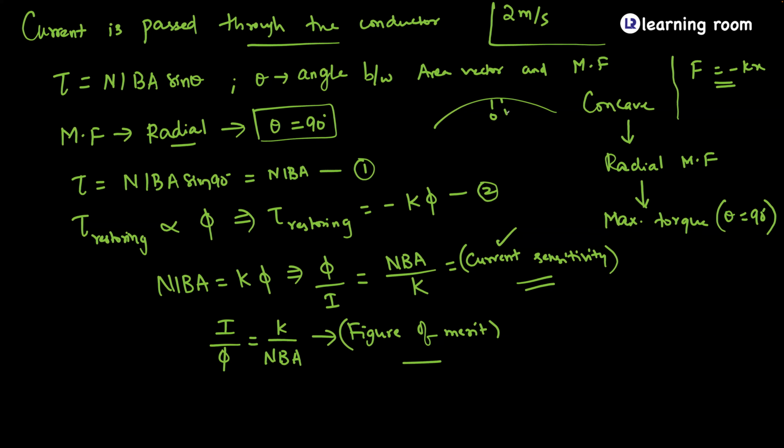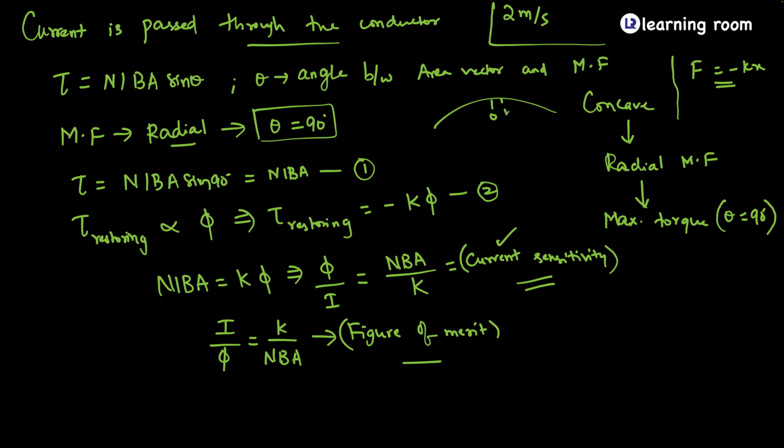It can be anywhere. So wherever is the initial reference point of the pointer, from there I want it to travel exactly to the next reading. So to calculate how much current I am supposed to pass to produce a deflection of 1 unit on the galvanometer defines the concept of figure of merit.